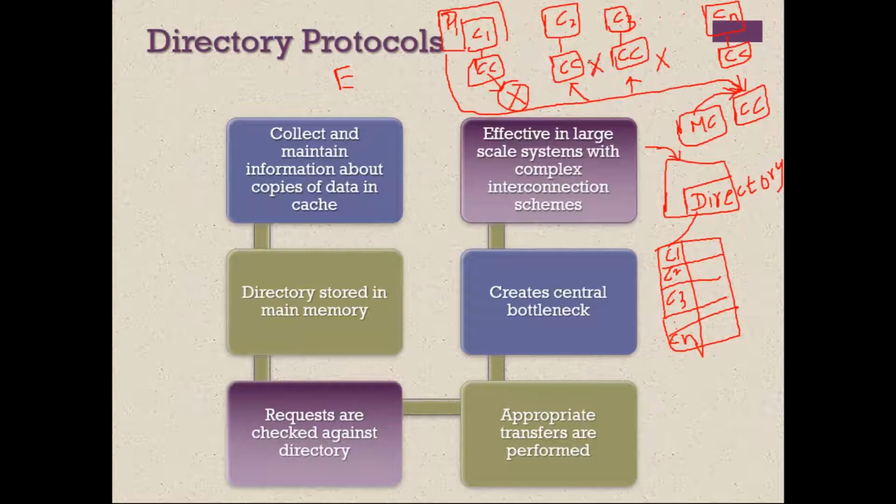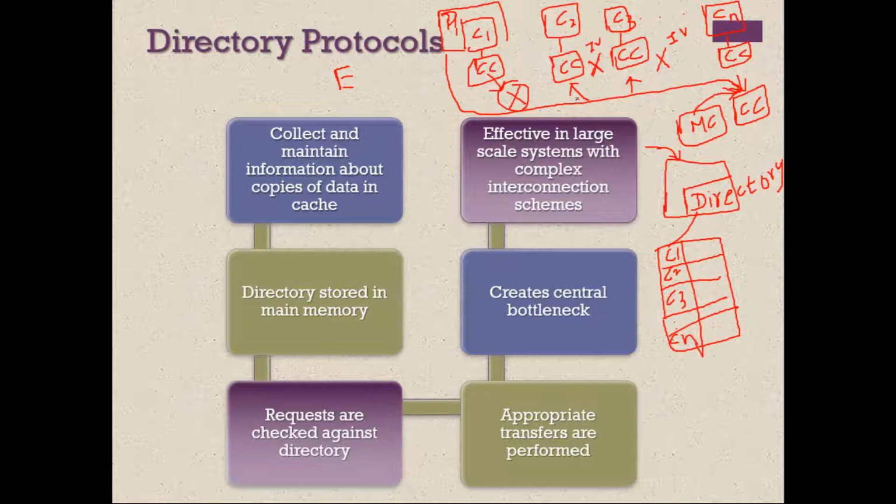Let us represent invalid as IV. So this x becomes invalid, here also x becomes invalid. Wherever x is there other than P1, all the other copies of x will become invalid.